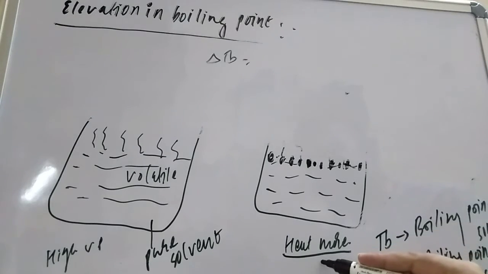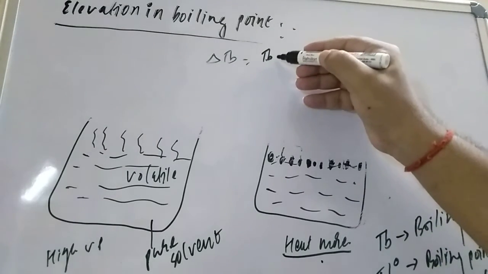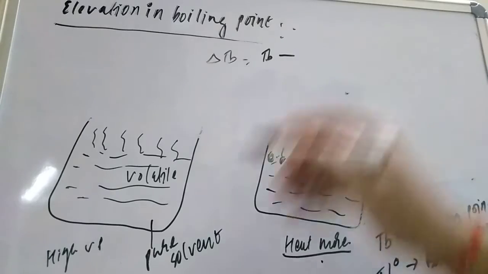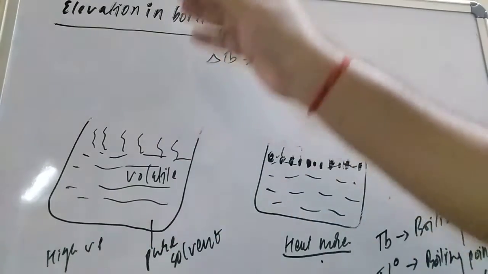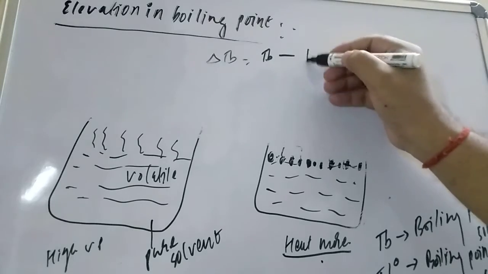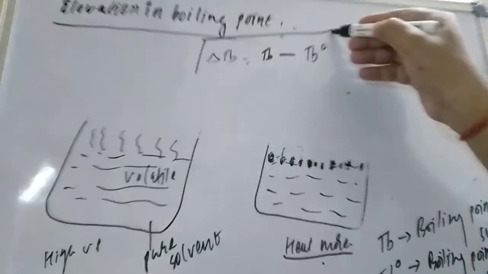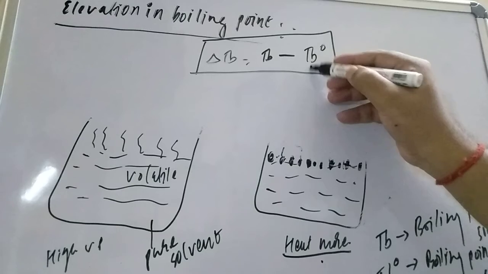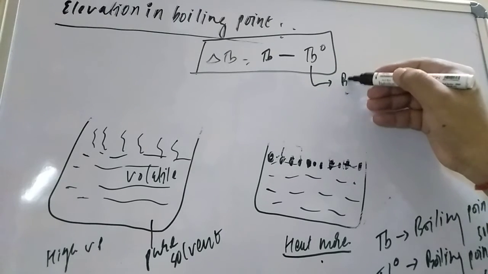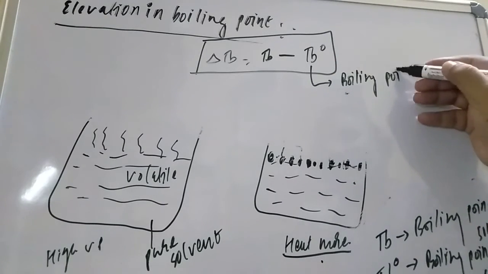So Tb will be high, and minus Tb naught, which will be low, since everything vaporizes easily and the vapor pressure becomes atmospheric pressure easily. So here Tb naught is the boiling point of the pure solvent.